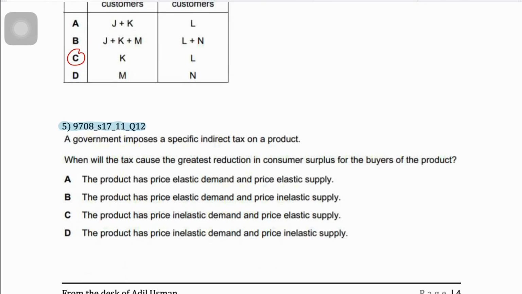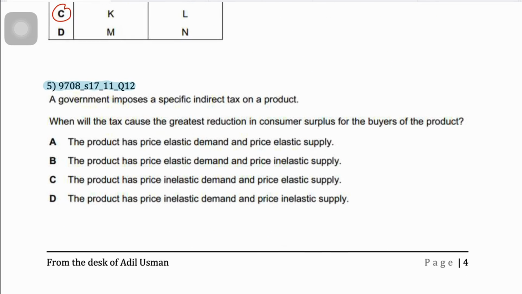Now moving to question number 5, it says a government imposes a specific indirect tax on a product. When will the tax cause the greatest reduction in consumer surplus for the buyers of the product? The greatest reduction in consumer surplus would occur when the maximum burden of the tax falls on the consumer.